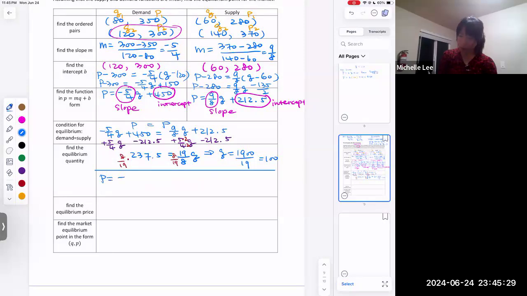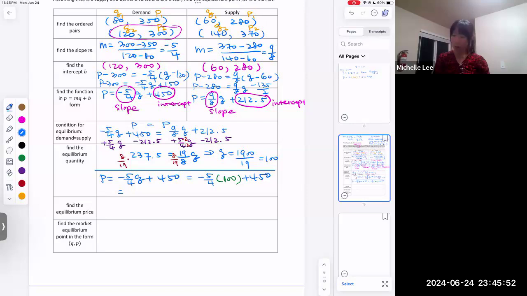So P equals negative 5 over 4 Q plus 450. Negative 5 over 4 times Q, which we just found to be 100, plus 450.